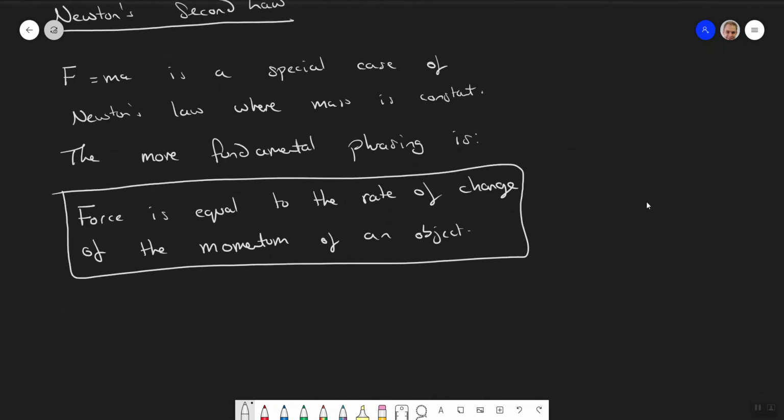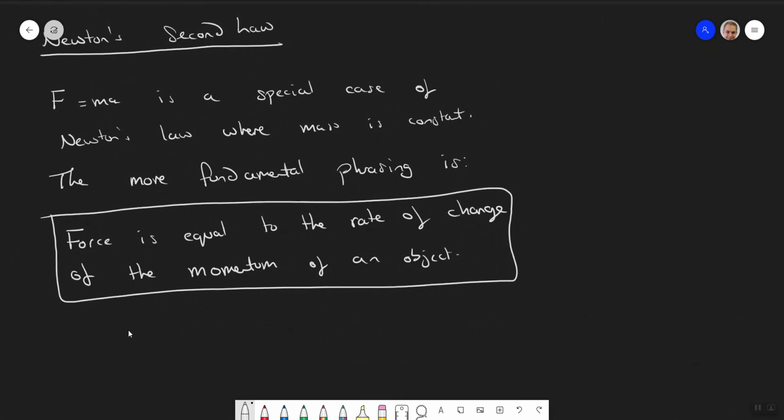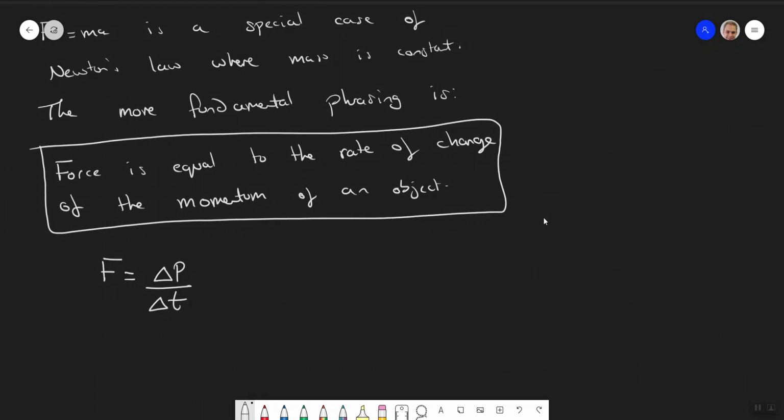We can write that mathematically: force is equal to change in momentum over the time it takes for that change in momentum to take place. That is actually Newton's second law written as Newton wrote it, although he wrote it in Latin. It's the rate of change of motion of the object.